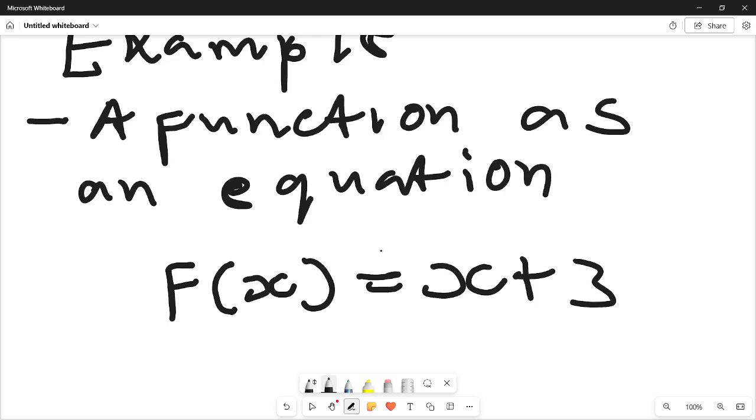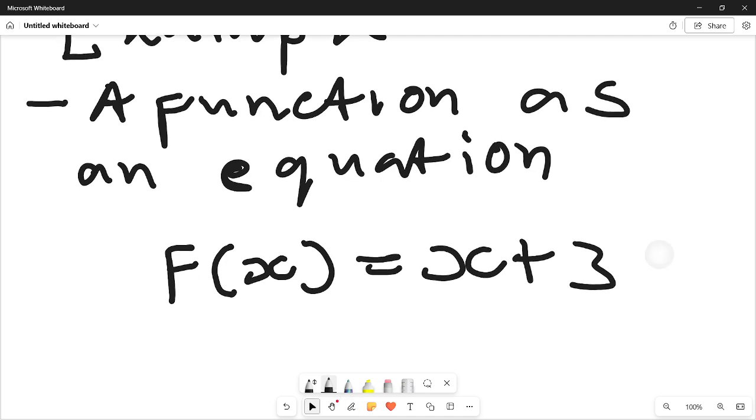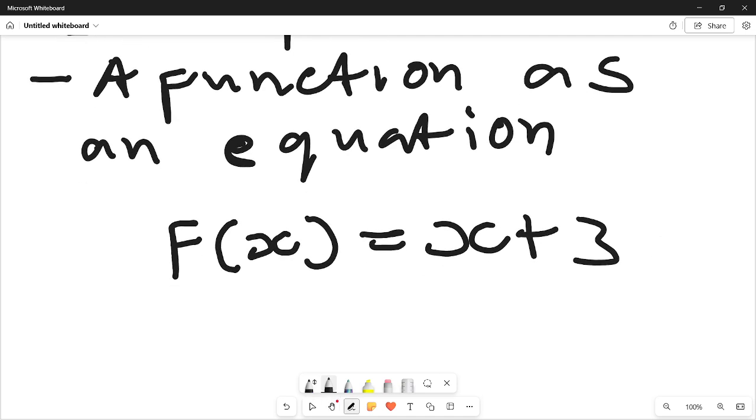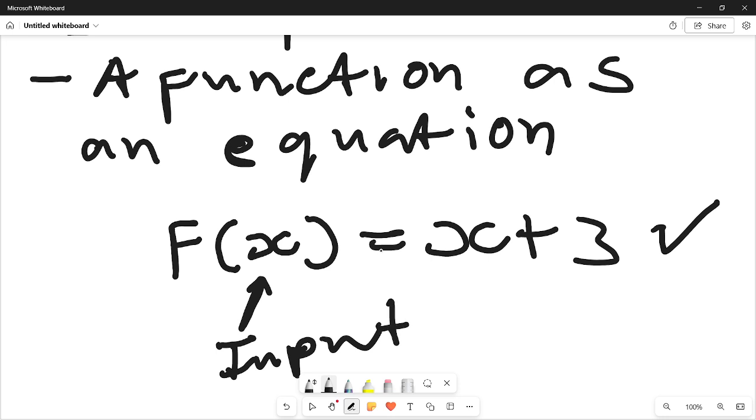In this case, we have represented a function as an equation. The x is your input. The f is your function. And the f of x is the one that we call the output.